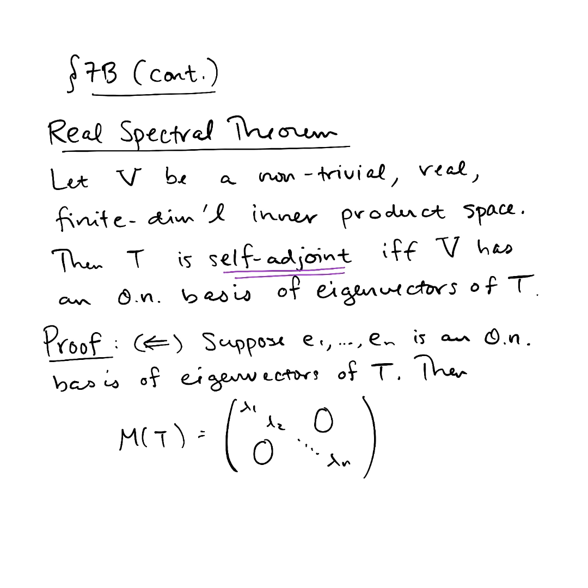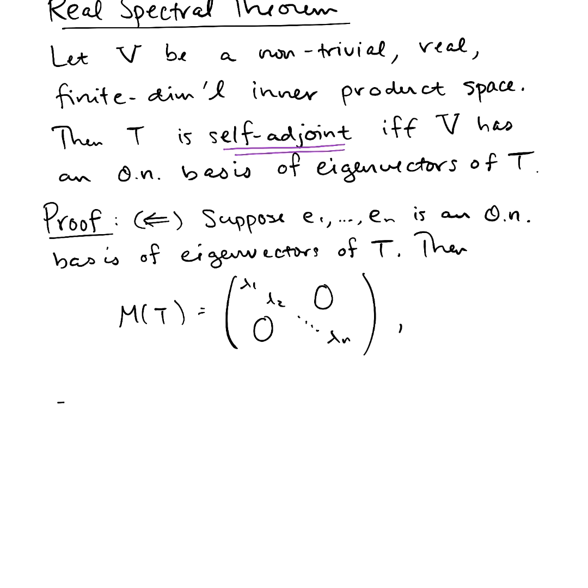And since this is happening over the real field, all the entries in that matrix are real numbers. They're real scalars. So in particular, the conjugate transpose is just the transpose, but the matrix is diagonal. So the transpose is identical. So the matrix for T star is the matrix for T. And that's it. So T must equal T star. They have the same matrix representation with respect to that basis. So that direction is not the big deal, actually.